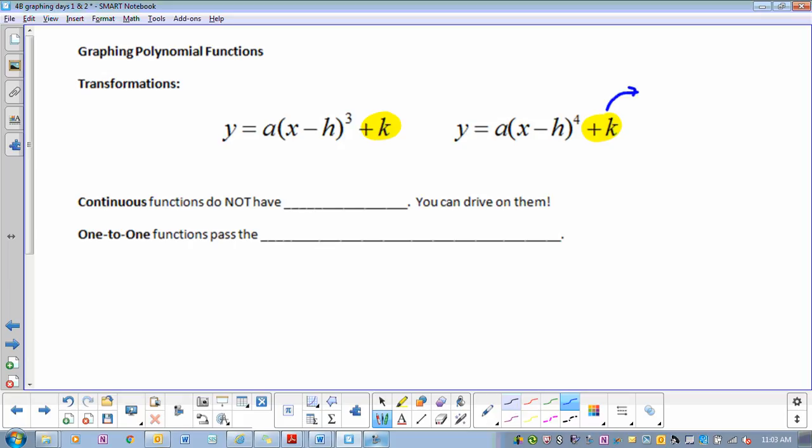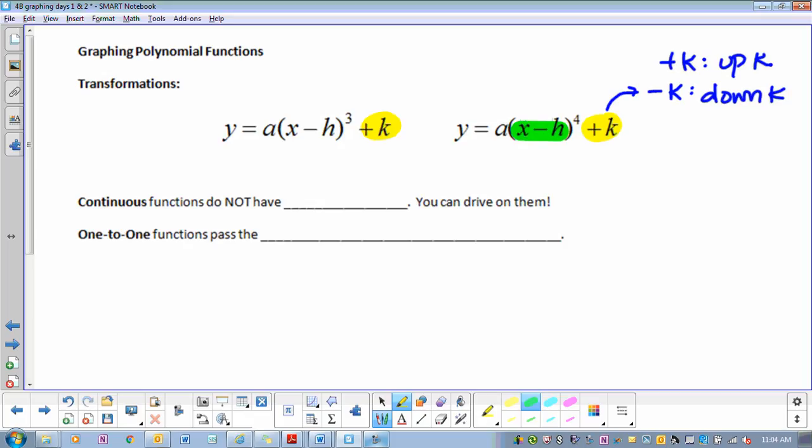Does it go left, right, up, down? Does it stretch, compress, flip? Up or down. Plus k means it goes up k. Minus k means it goes down k.